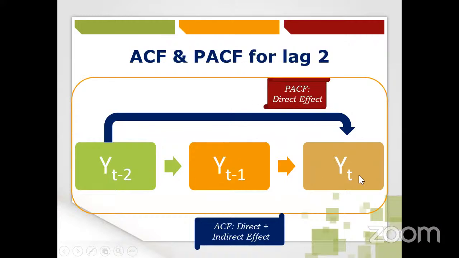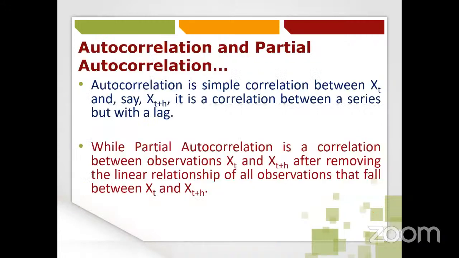That would be taken into consideration in your autocorrelation function, which includes the direct effect as well as the indirect effect, which is from y(t-2) affecting y(t-1) and y(t-1) affecting y(t). So the partial autocorrelation talks about the direct effect, while the autocorrelation talks about direct as well as indirect effect of the previous observation on successive observations. So that is also interpreted from your correlograms.